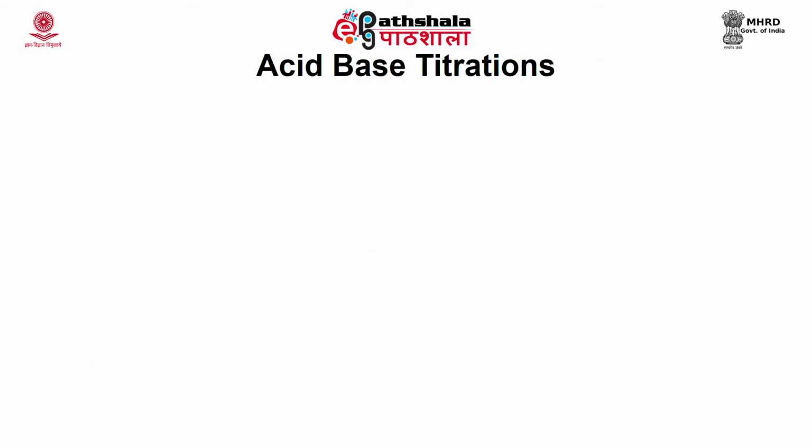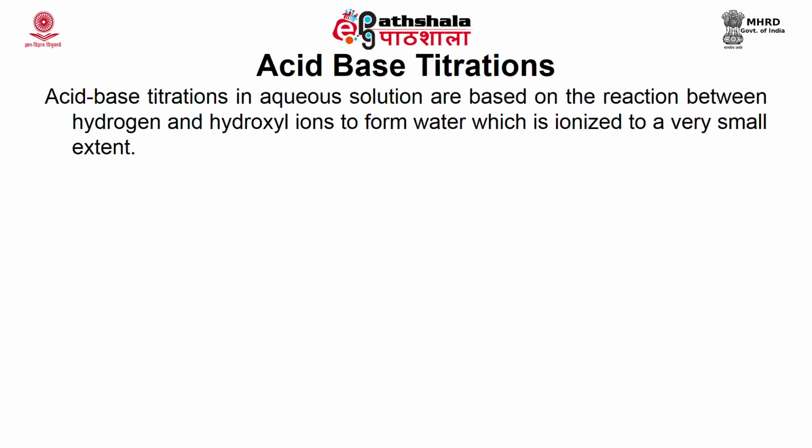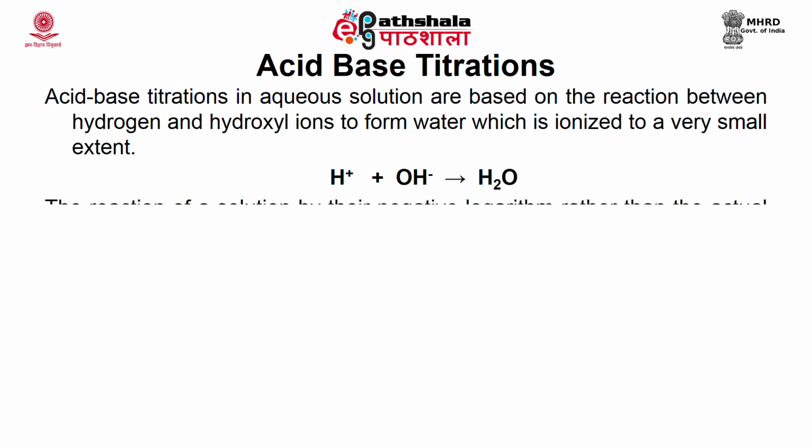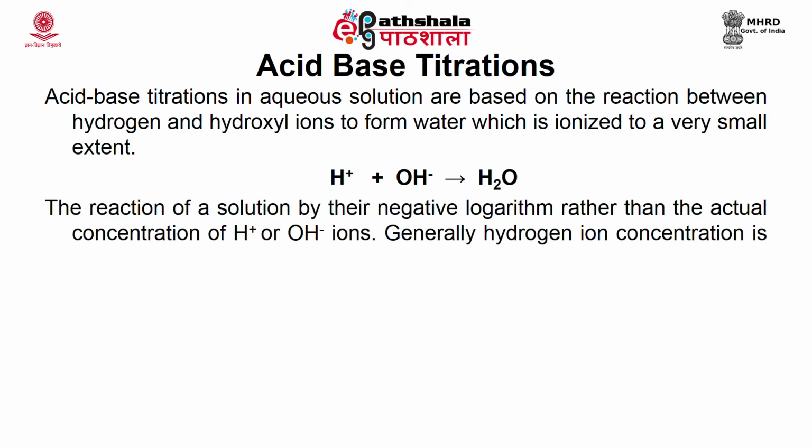Acid-base titrations in aqueous solution are based on the reaction between hydrogen and hydroxyl ions to form water, which is ionized to a very small extent: H+ plus OH- gives H2O. The reaction of a solution is expressed by the negative logarithm rather than the actual concentration of H+ or OH- ions.